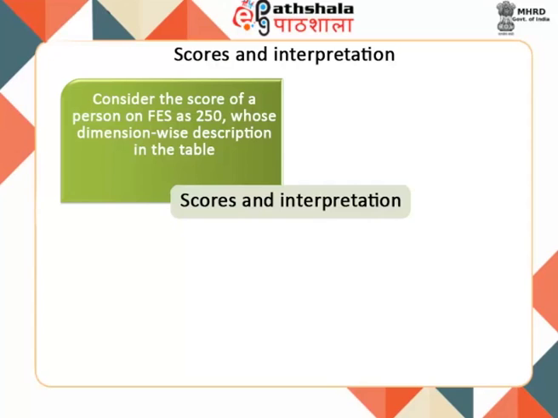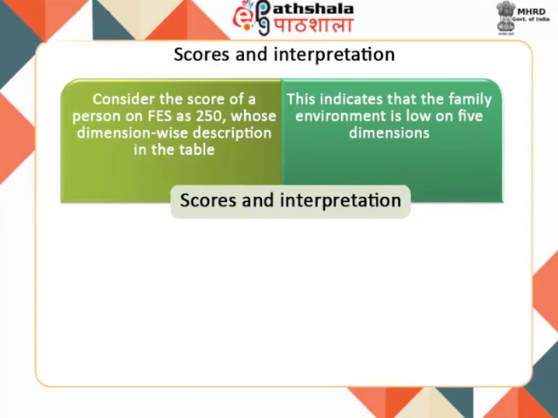This indicates that the family environment is low on 5 dimensions, that is, cohesion, acceptance and caring, active recreational activities, organization and control.